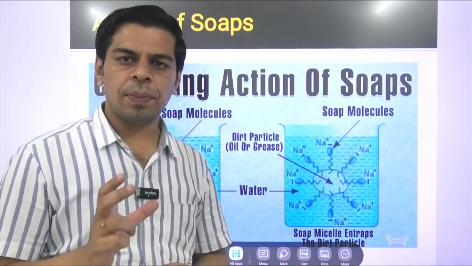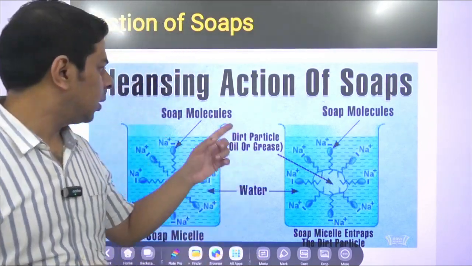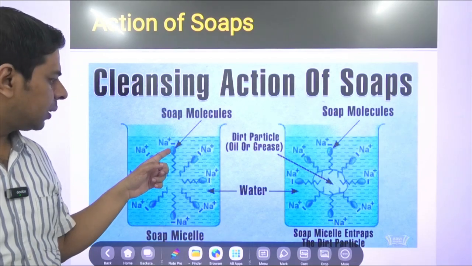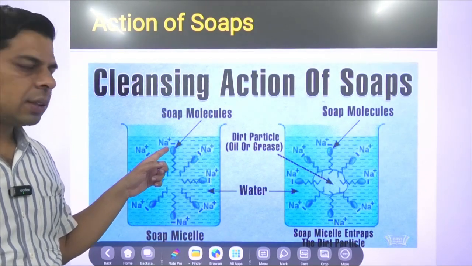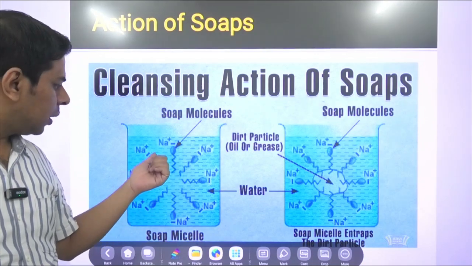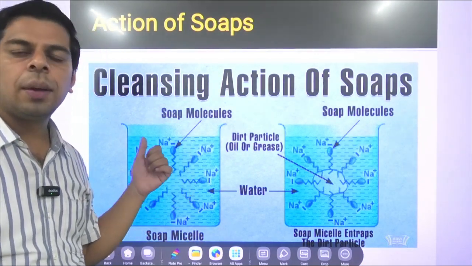When these two are combined in a soap, a tadpole-like structure is formed. If you focus a little more, you will see the head is the ionic part, which may be sodium or potassium, and this long chain represents the fatty acid chain.